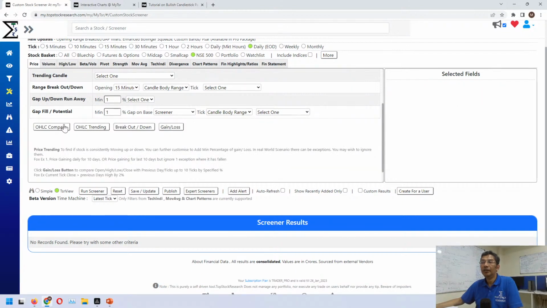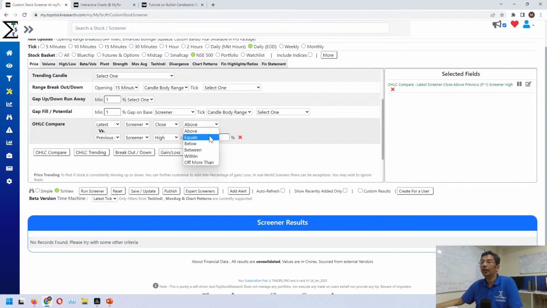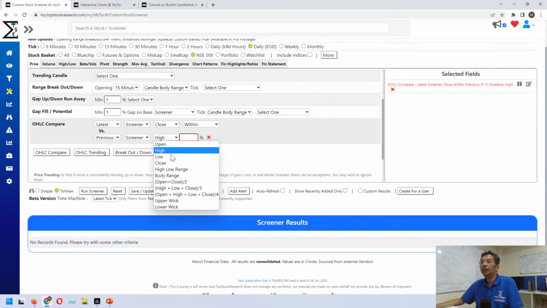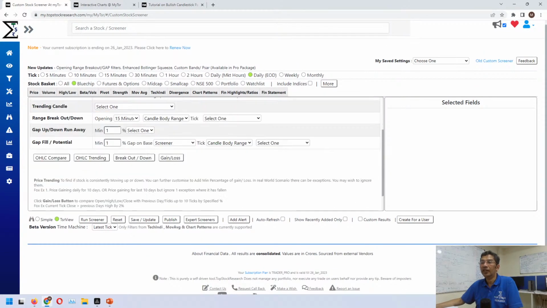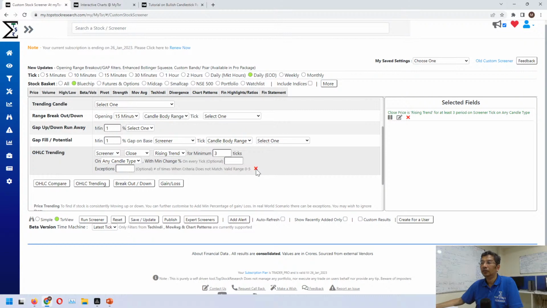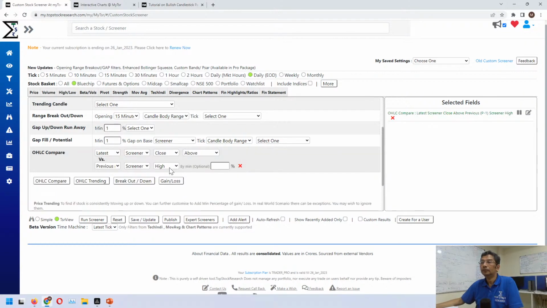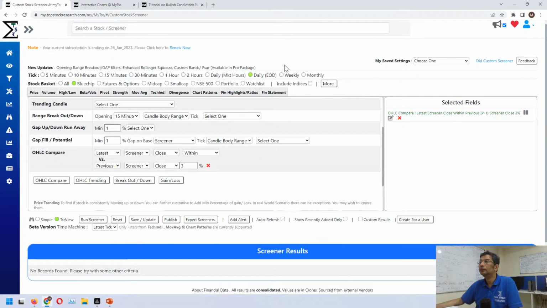Let's reset. Maybe some old traces from the previous one. Latest close is within, let's say, 3%. Some traces there. Let me just clear off everything. Strange.